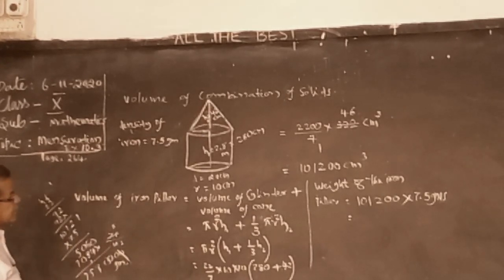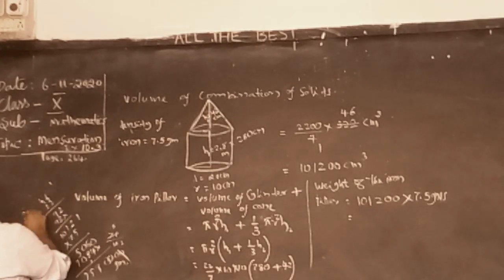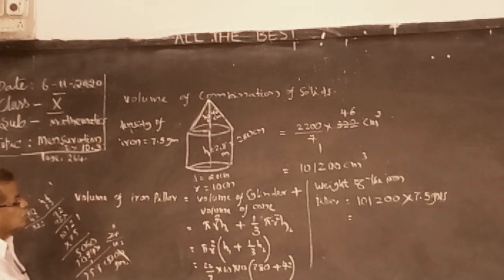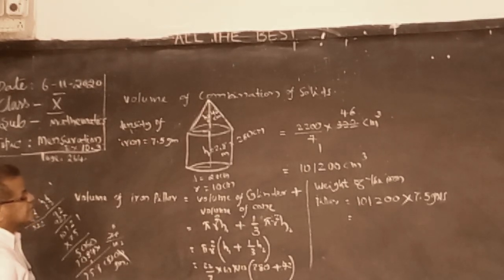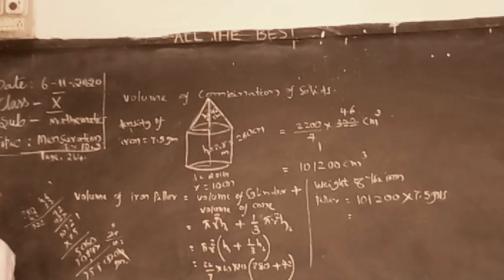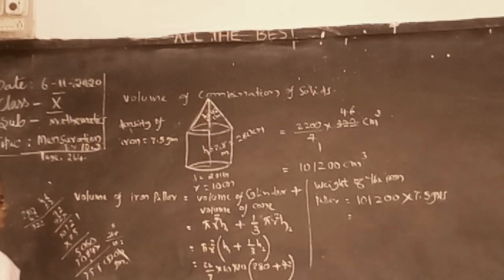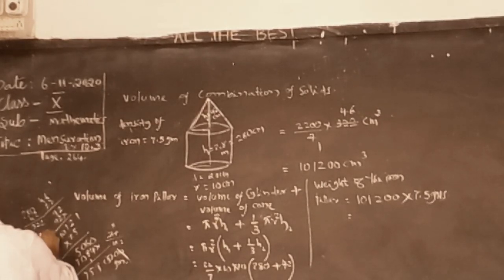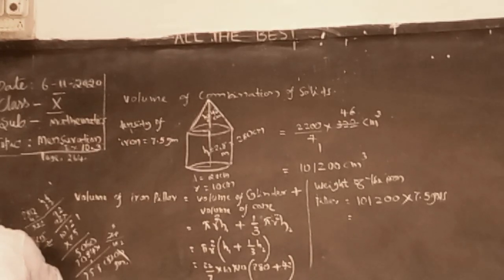Calculations once again: pi 22/7, r 10 into 10, h1 280 plus 42, that is 322. 7 4s are 28, 4 remains, 4 6s are 46 into 22, that is 1012, into 7.5 which is 15/2. 1012 is multiplied by 15/2.